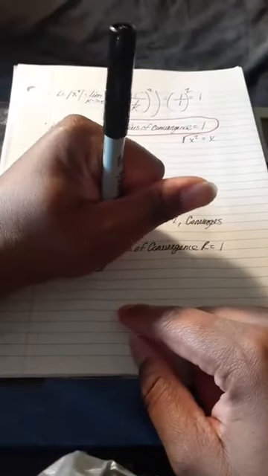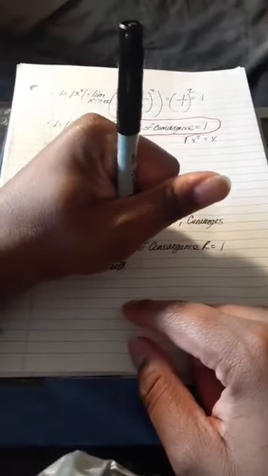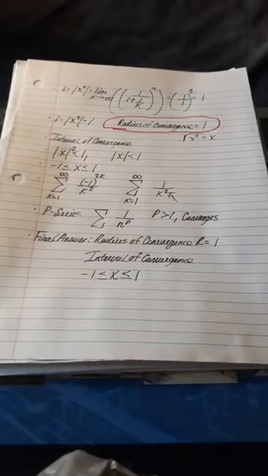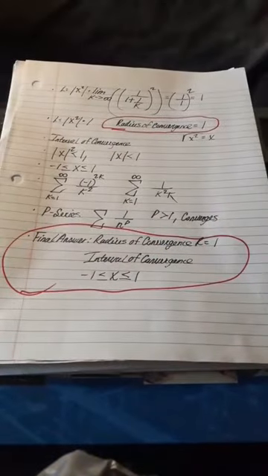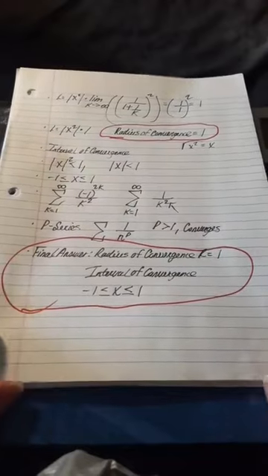The interval of convergence is negative 1 less than or equal to x, which is less than or equal to positive 1. So that's your radius of convergence and your interval of convergence. For the interval of convergence, you just have to check the endpoints. So you check those endpoints.